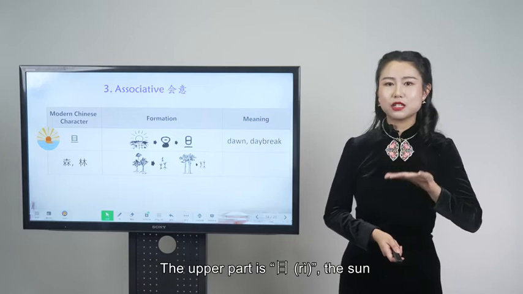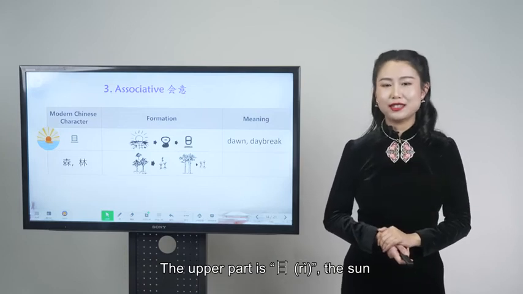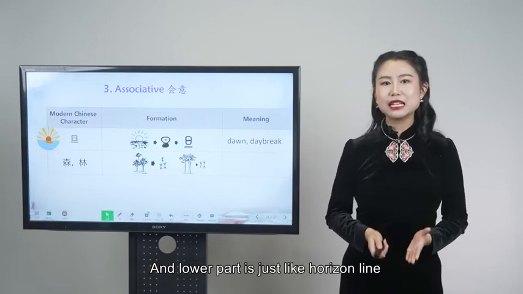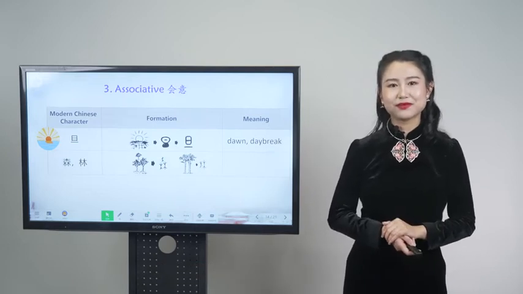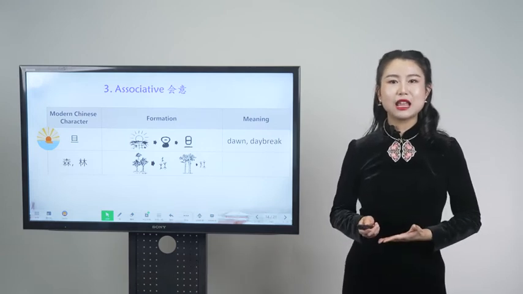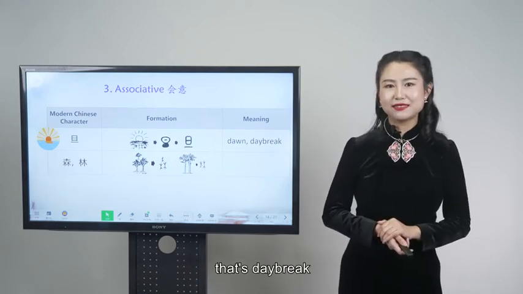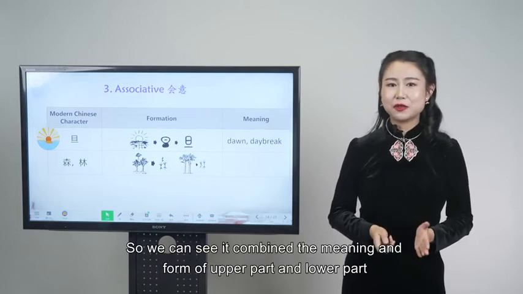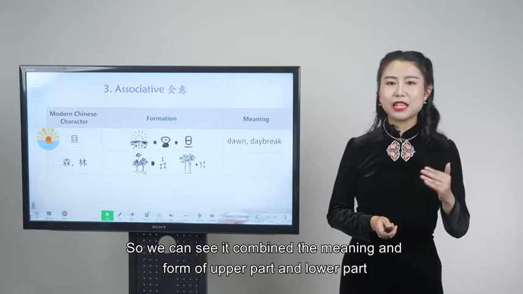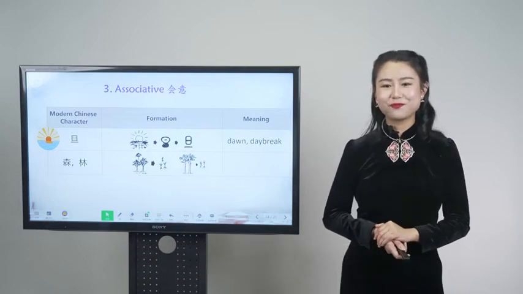The upper part is 日, the sun, and the lower part is just like a horizon line. So when the sun rises from the horizon, that is daybreak. So we can see it combines the meaning and the form of upper parts and lower parts.